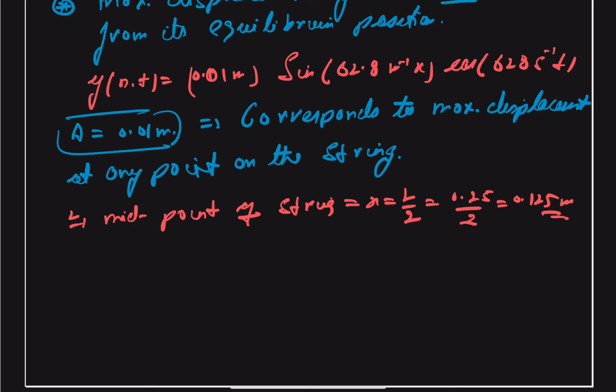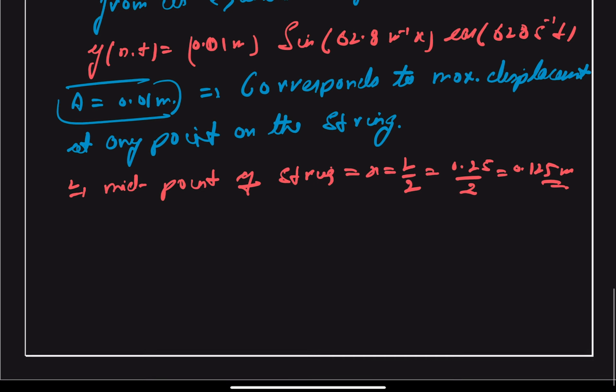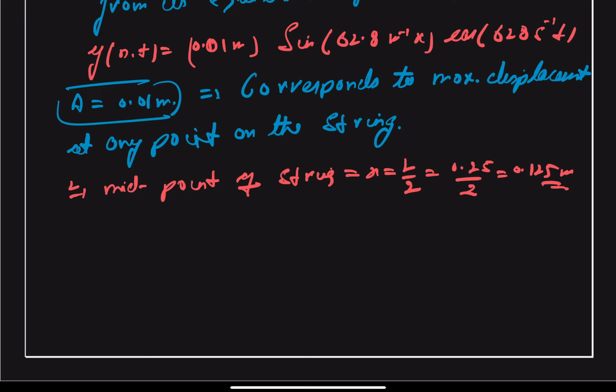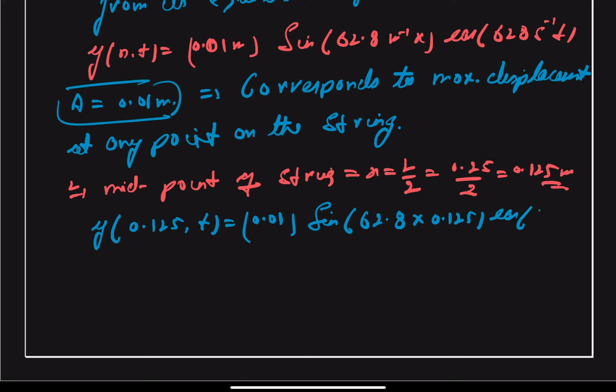So therefore we can write the given equation as y of 0.125 with respect to time t, it will be coming as 0.01 sine of 62.8 multiplied by 0.25, and we have cos of 6 to 8 multiplied by t.